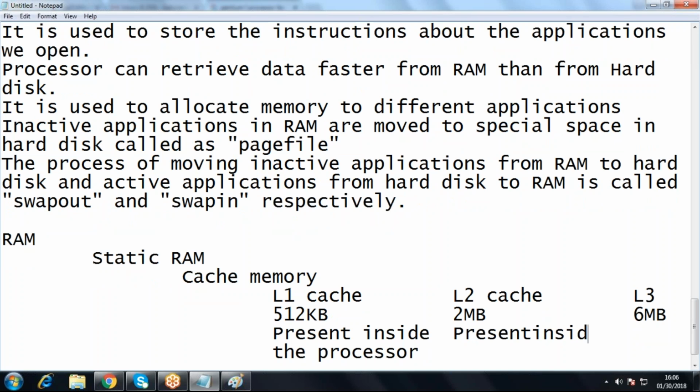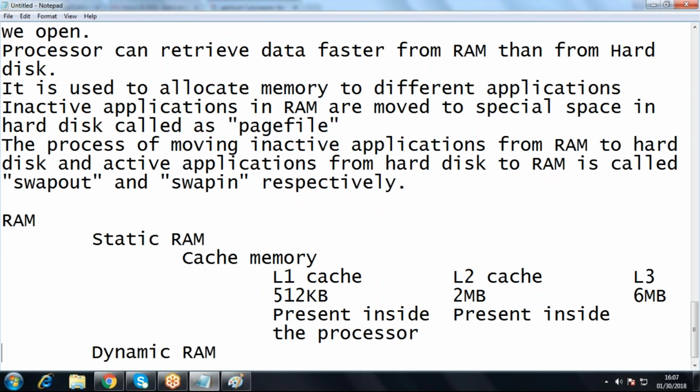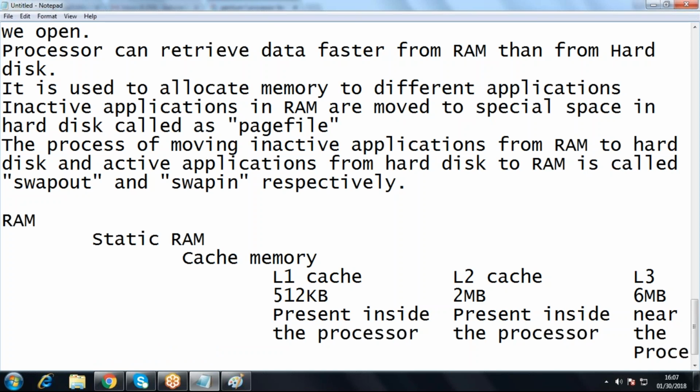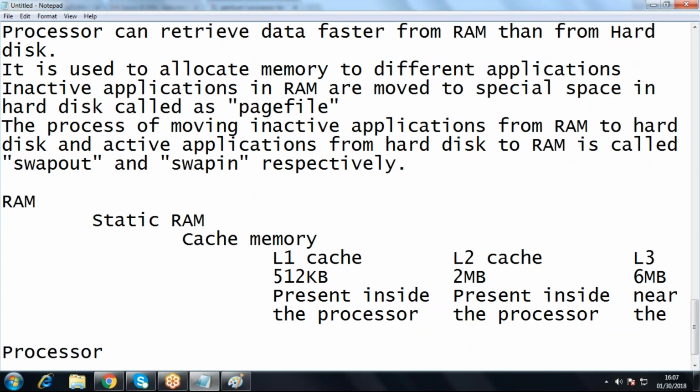This is also present inside the processor. Near the processor.